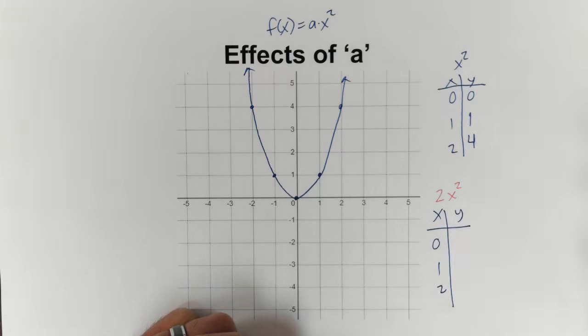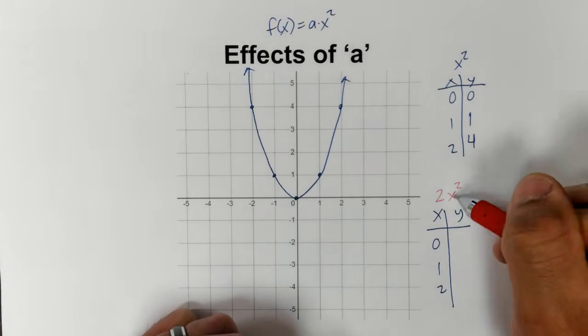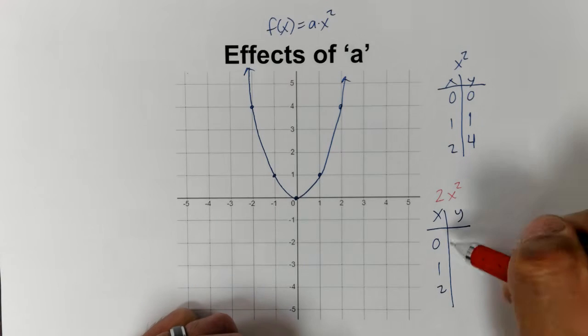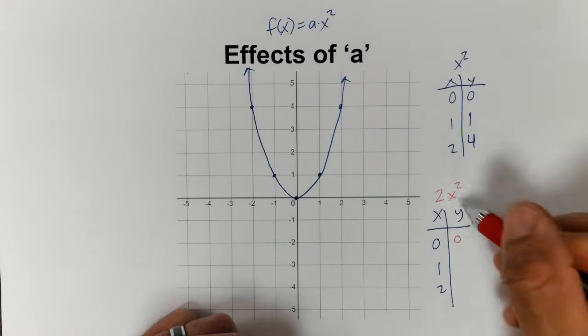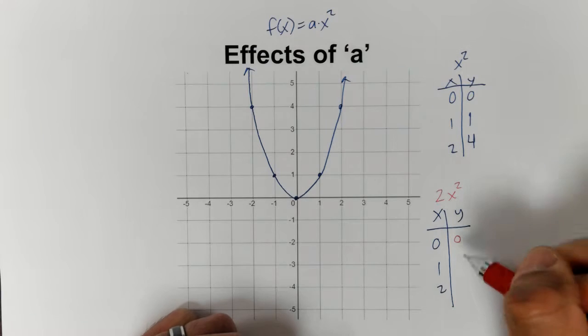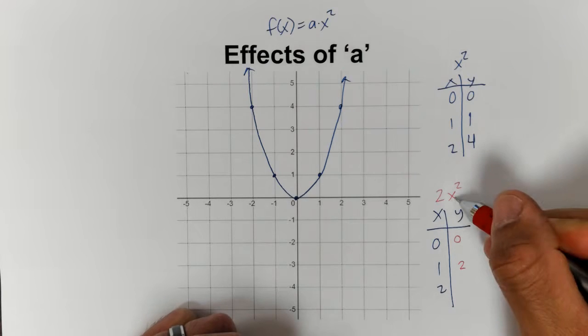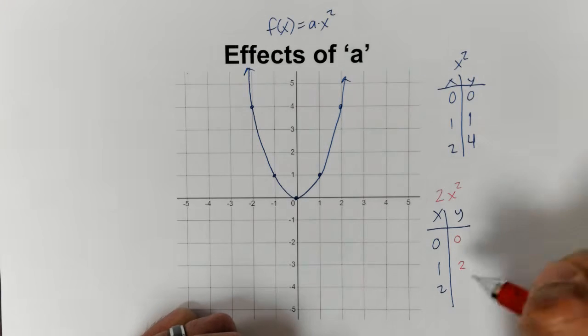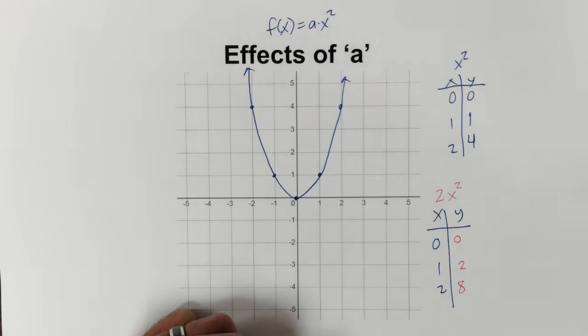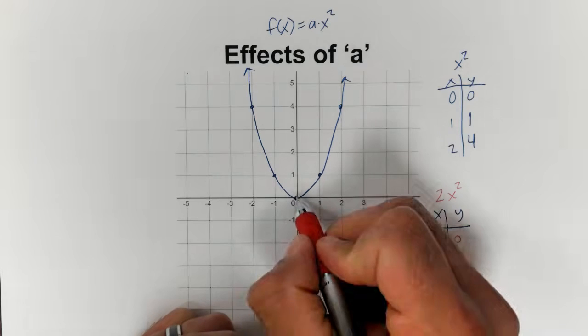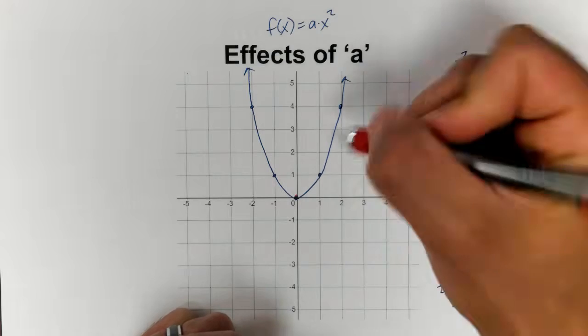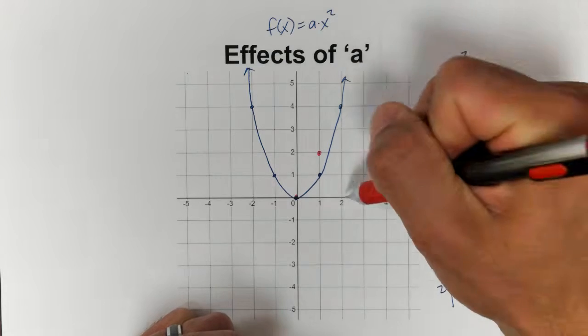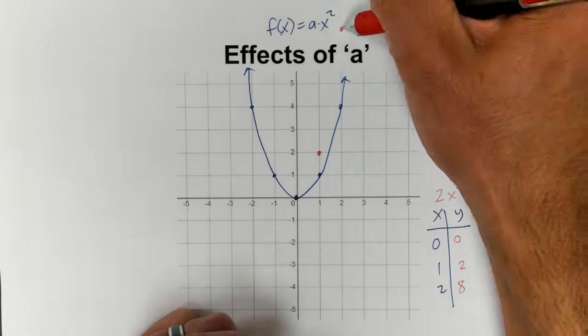With inputs 0, 1, and 2: if I plug 0 in here, 0 squared is 0, times 2 is still 0. 1 squared is 1, times 2 is 2. 2 squared is 4, times 2 gives me 8. So this is what the function looks like. At 0, 0, there's no change. At 1, I go up to 2. And at 2, I go up to 8.